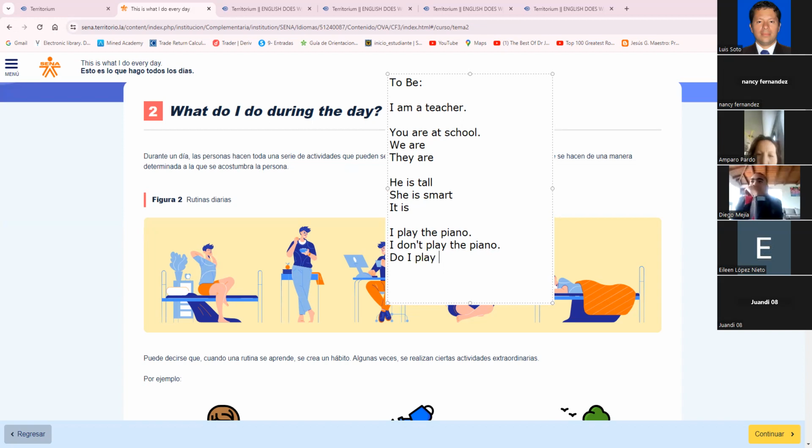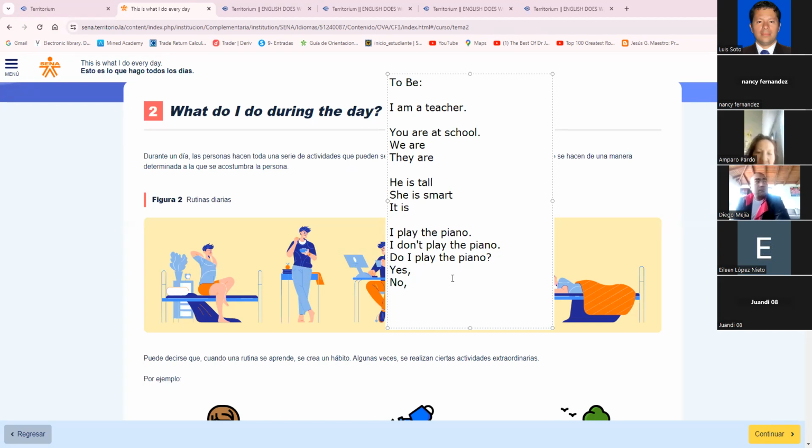Do I play the piano? ¿Cómo lo contestamos? De forma corta. Yes, no. How do you answer that? The short form. How do you do it? Come on, write it down on the chat. Okay, okay, very good.